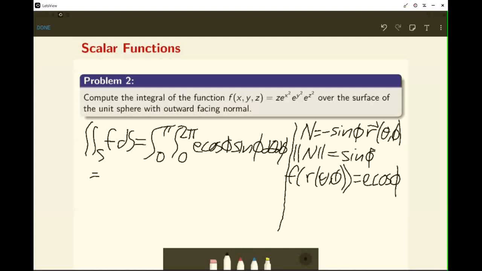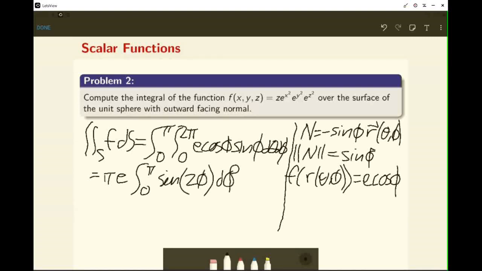We're going to want to use the identity that is 1/2 of sine of 2 phi. And so I'll write this as pi, pull out the e, and put the integral from 0 to pi of sine of 2 phi d phi.